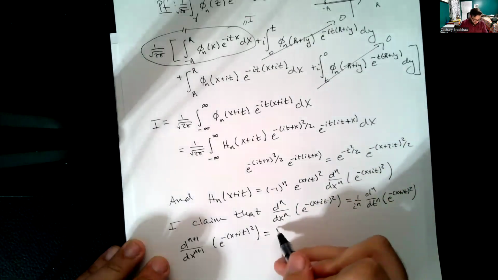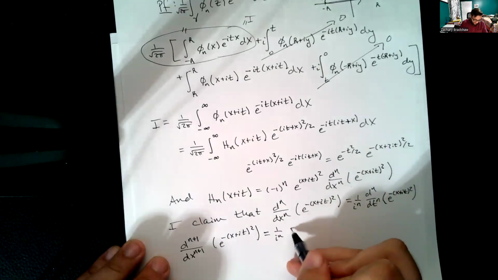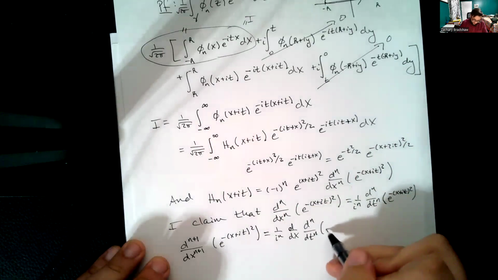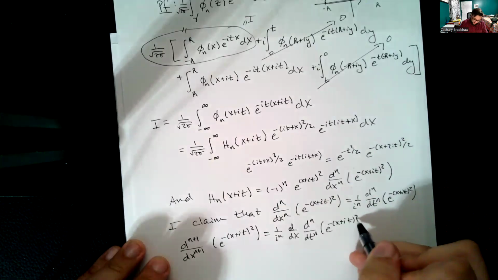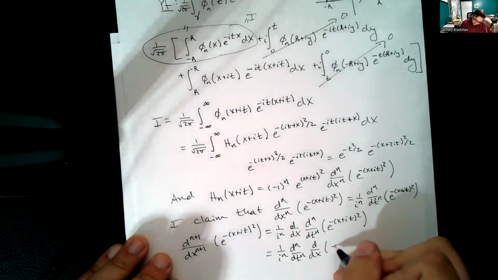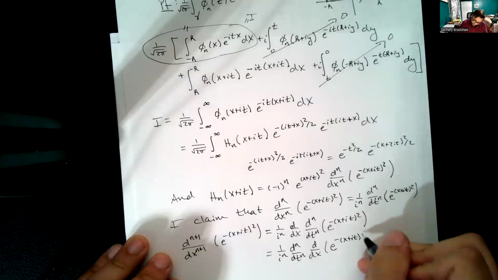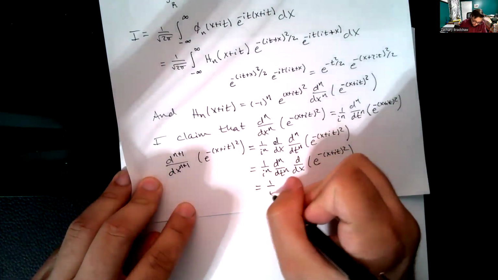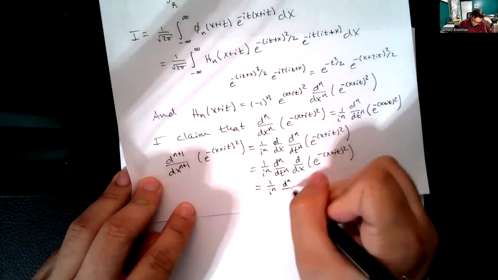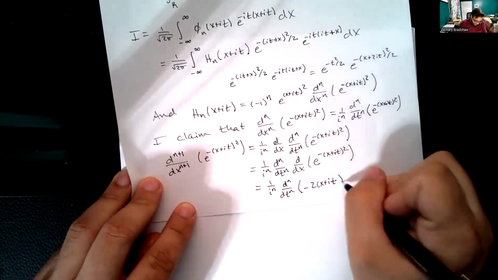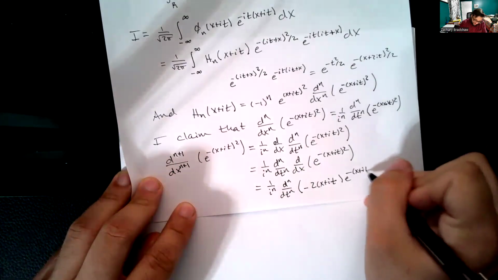Well, if it's true for n, then this is 1 over i to the n, d by dx, d n by dt n, e to the minus (x plus it) squared. And we can exchange these derivatives with respect to different coordinates. But this is equal to 1 over i to the n, the nth derivative of minus 2(x plus it) e to the minus (x plus it) squared.